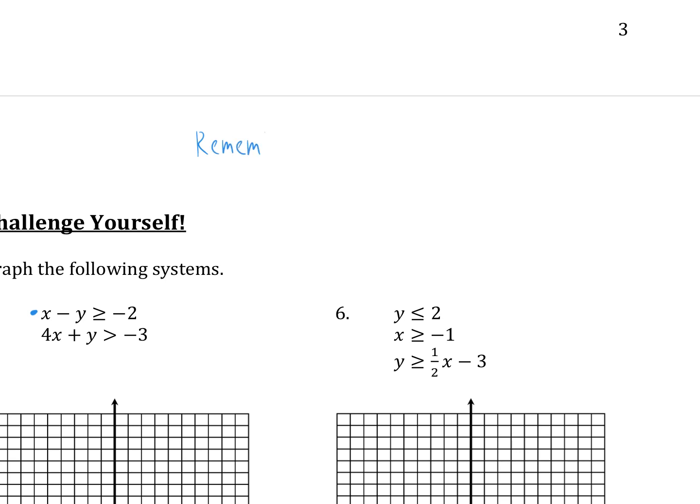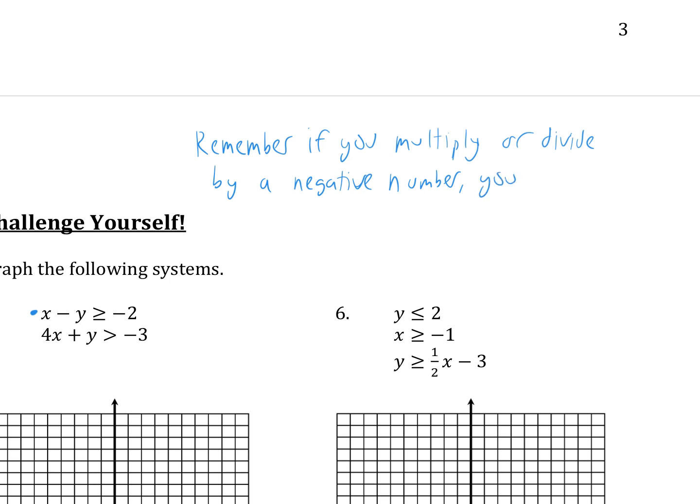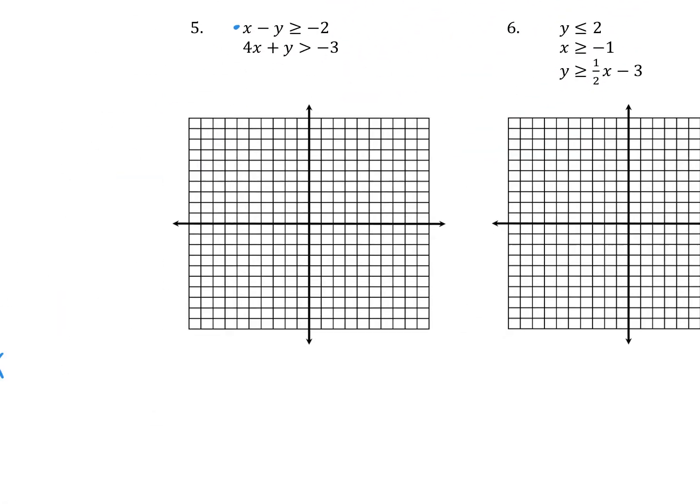Remember, if you multiply or divide by a negative number, you must flip the inequality. Okay, so be careful with that. If we multiply or divide when we're solving, we have to flip the inequality.